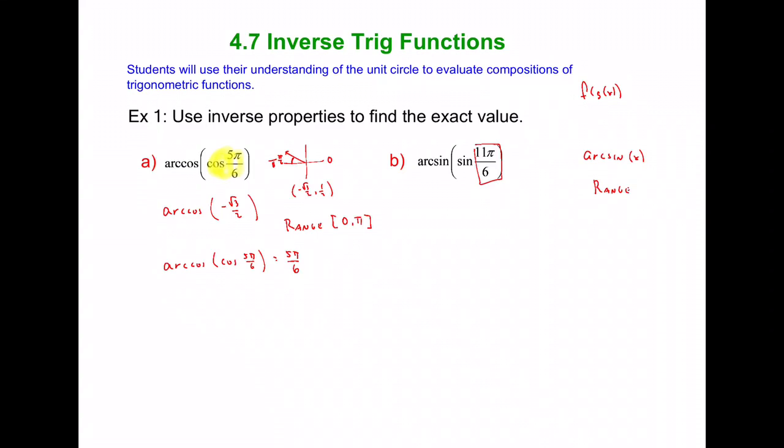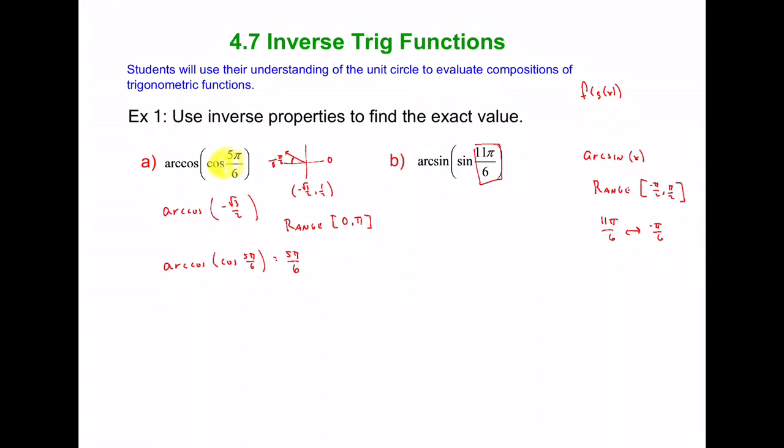Well, your range values for arc sine are from negative pi over 2 to pi over 2. So 11 pi over 6 doesn't fall within the range. But you can find the angle that does fall in that range that is equivalent to 11 pi over 6. And that would be negative pi over 6.